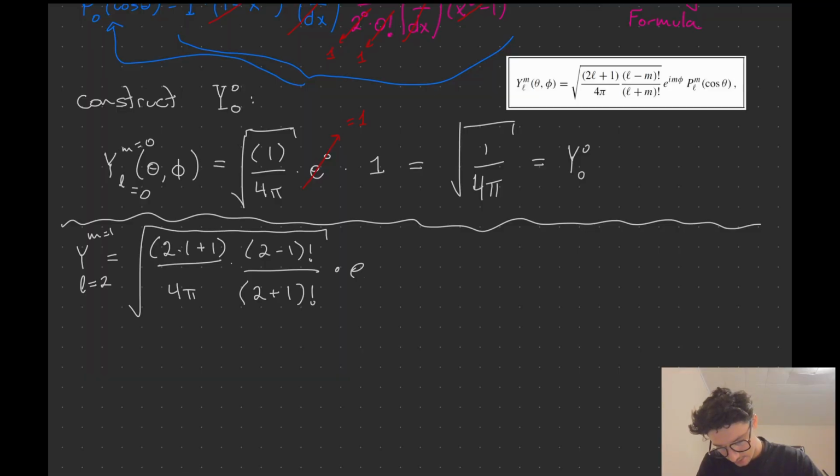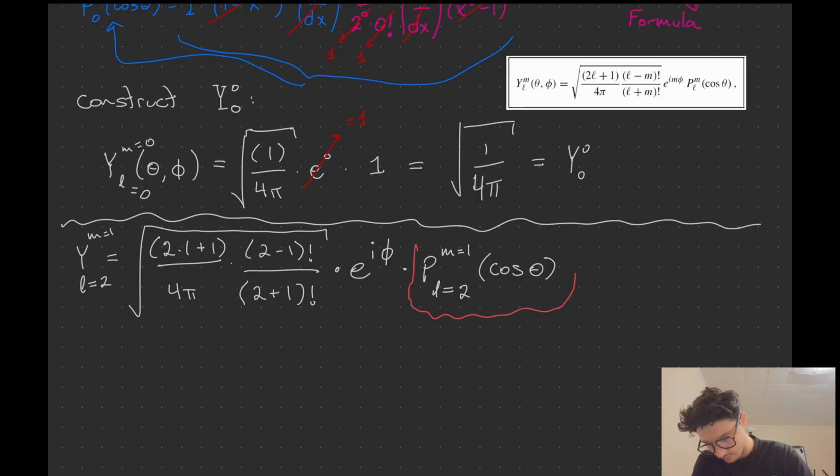Boom. Now we have an e to the i m phi. M is 1, so 1 phi is just left there. Now we have the P, m equals 1, L equals 2, of cosine theta. So this thing, maybe I'll do in this salmon color here. Boom.